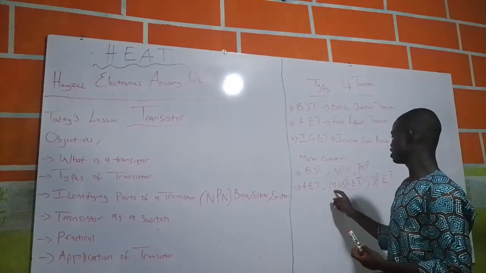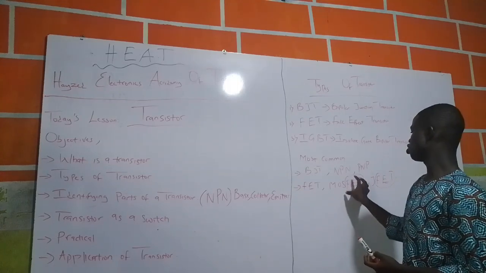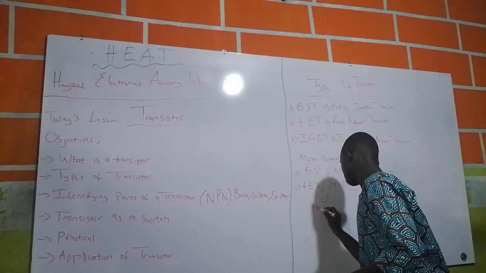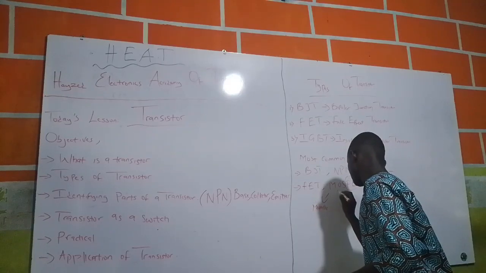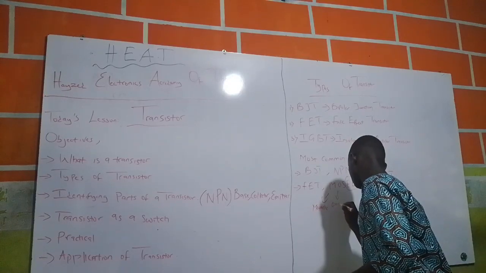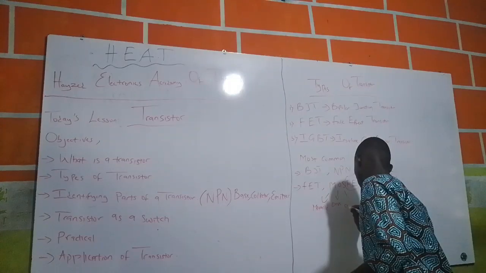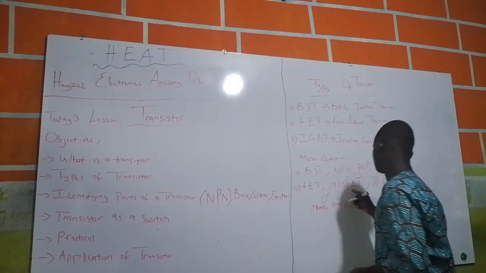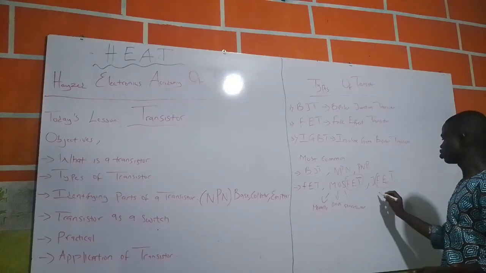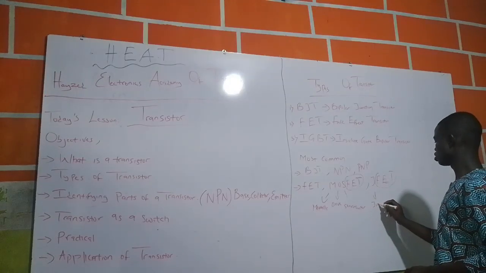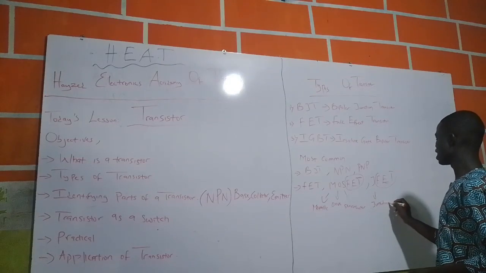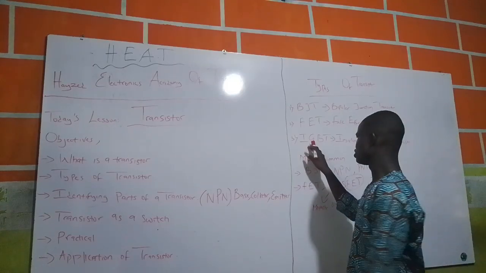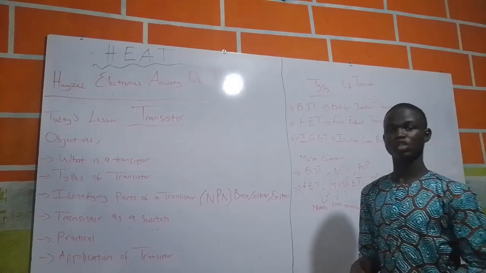MOSFET means metallic oxide semiconductor field effect transistor. The FET here doesn't mean junction. Most especially we use the MOSFET, and that is what is mostly common in electronics. The IGBT is mostly used for high voltage.